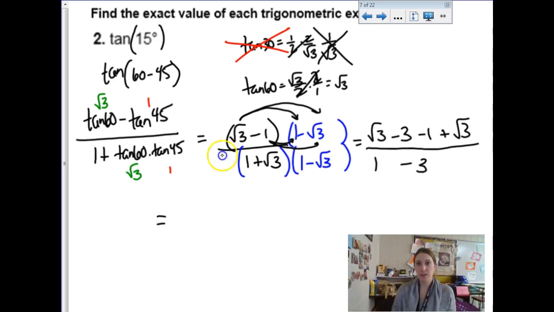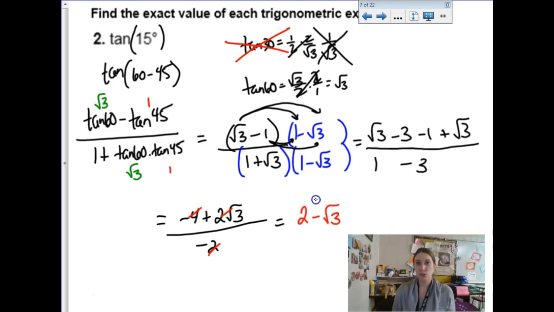So what we end up with is negative 4 plus 2 square roots of 3 in the numerator over negative 2. So let's divide everything here by negative 2, and you get a positive 2 minus the square root of 3 over 1. That was kind of gross.